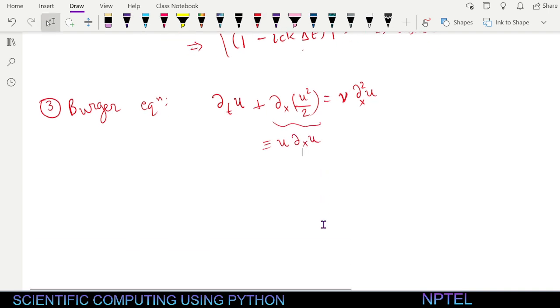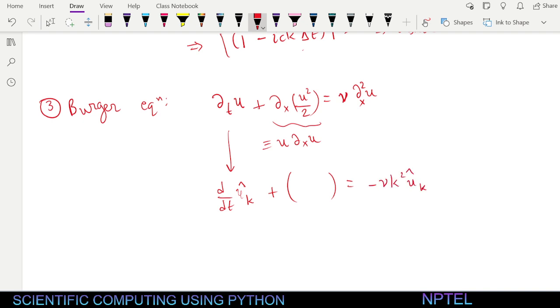Okay. And because of this, we get d by dt of uk, right, plus some term due to this, and this term we know is nu times k square uk. Now whatever this term is, it's some nonlinear term which we call nk. All right, so we can take this to the other side. So we have d by dt of uk is equal to minus nk minus nu k square uk.